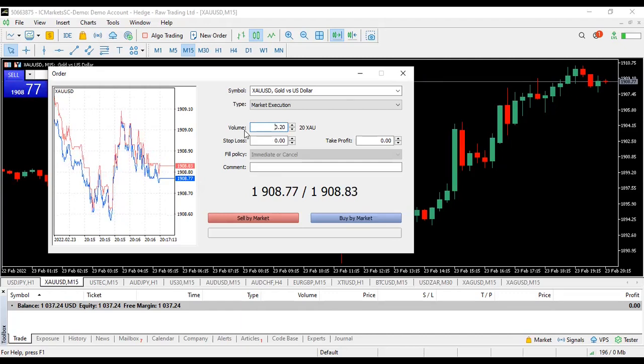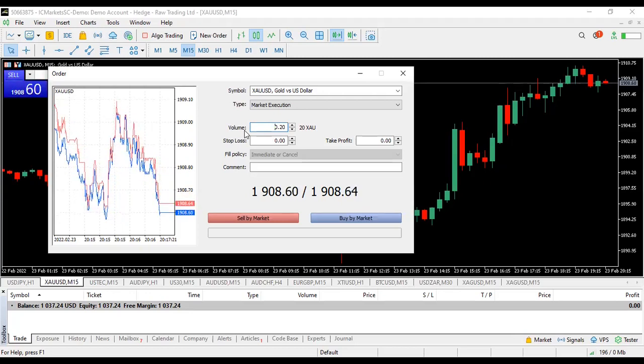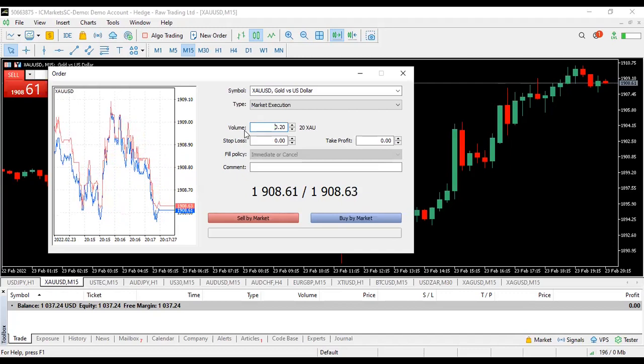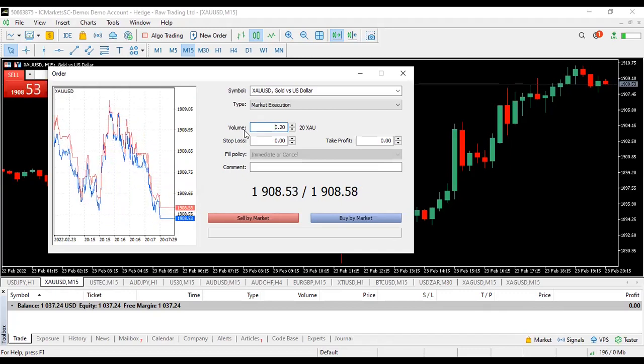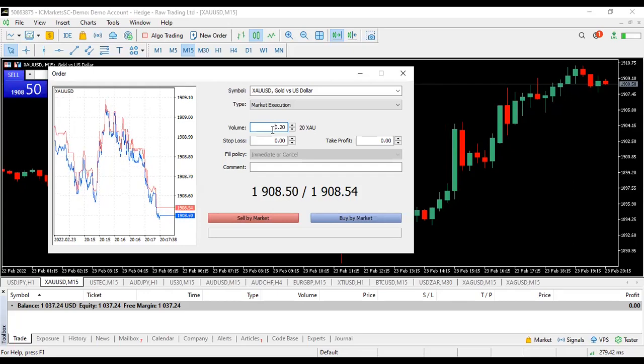You write it as LOT SIZE. If you don't want to say volume, you say lot size. It's still fine. If you hear me saying lot size or volume, it's the same thing, okay?